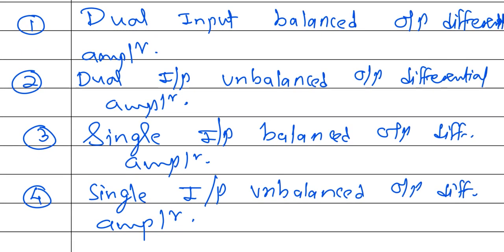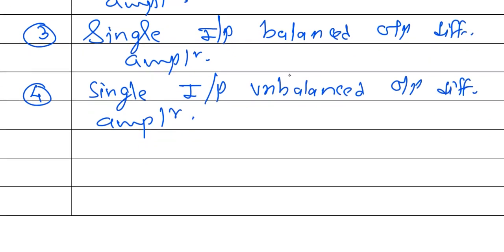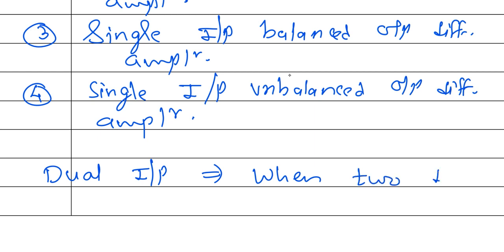Our first configuration is dual input, balanced output differential amplifier. Dual input means when both inputs are present, then we call it dual input. And now very simple, what do you mean by single input?